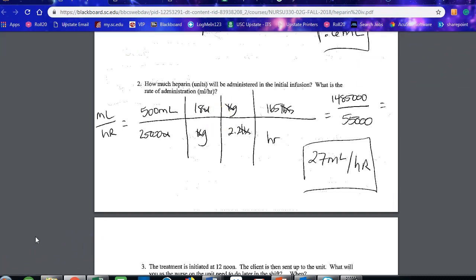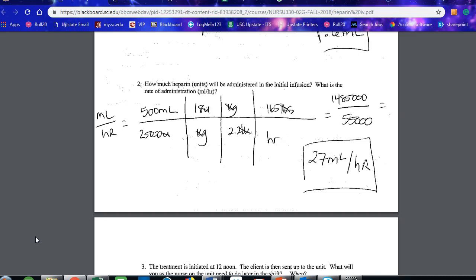For the second question, how much heparin will be administered in the initial infusion? What is the rate of administration in mLs per hour? Our protocol states that we give 18 units per kg per hour. So we need to set it up in mLs per hour because that is what we need.